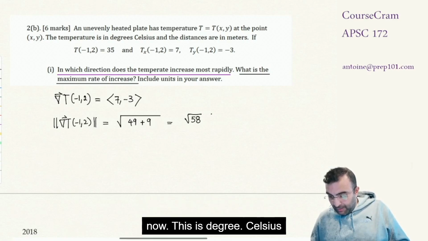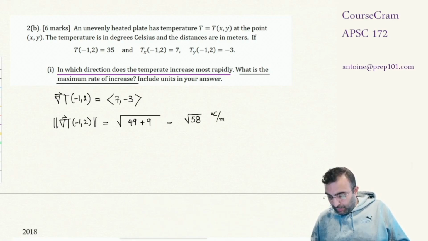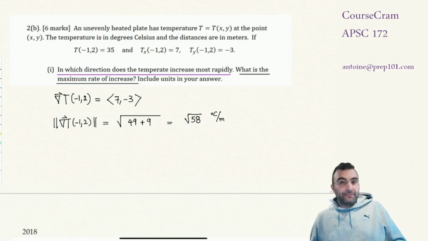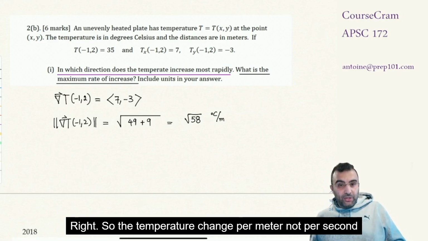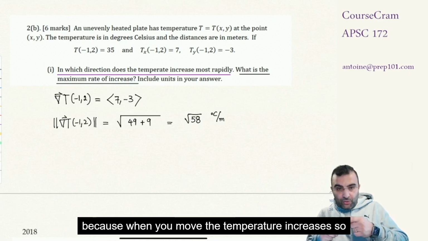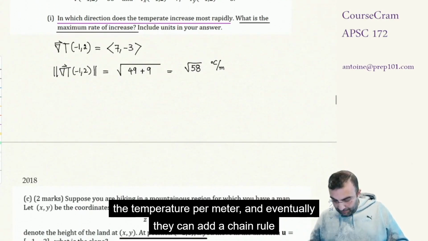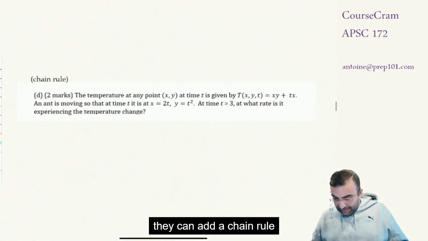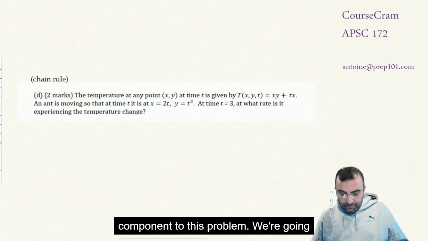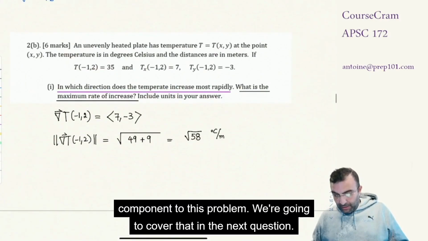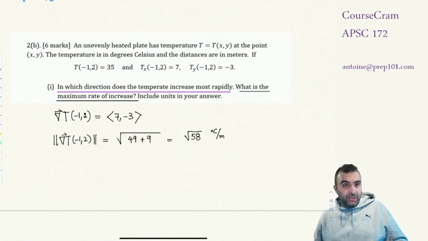Now this is degrees Celsius per meter, right? So the temperature change per meter, not per second, because when you move, the temperature increases. So the temperature per meter. And eventually they can add a chain rule component to this problem. We're going to cover that in the next question.